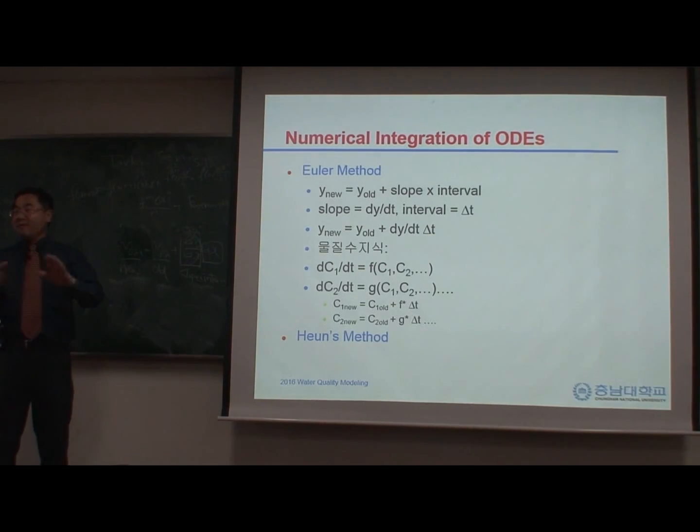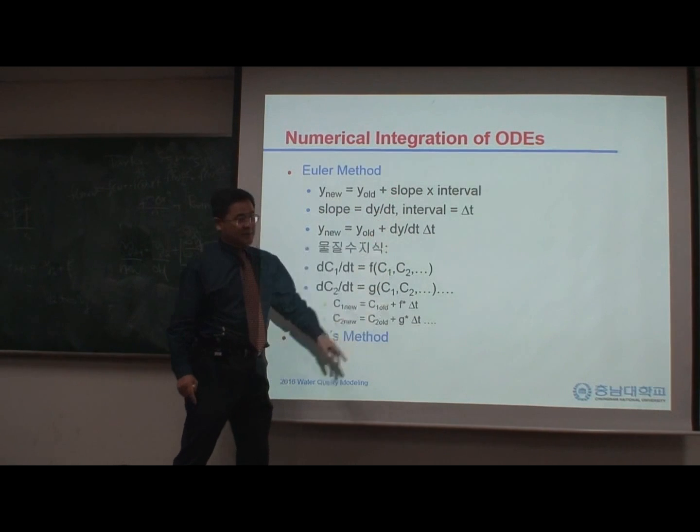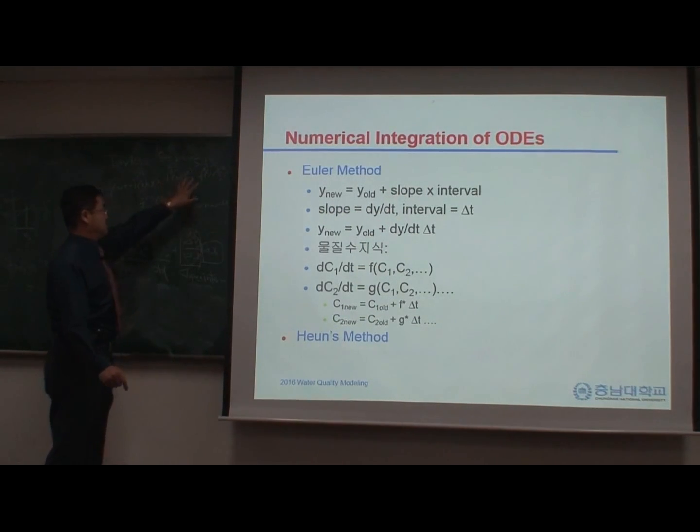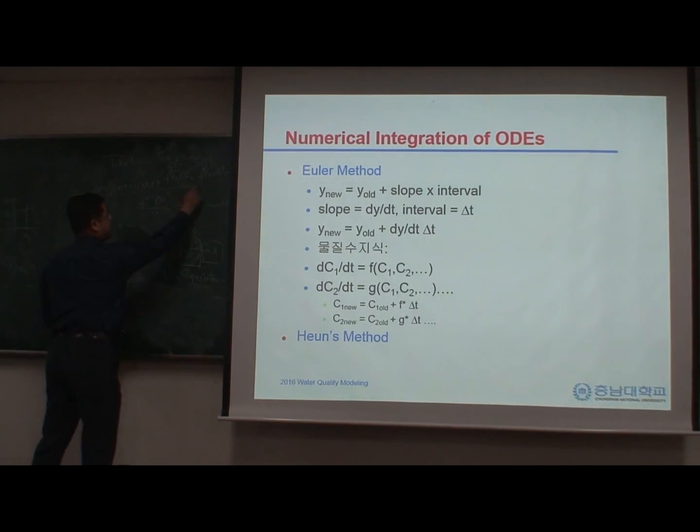But everything has the same principle. New is based on old and slope times interval. And maybe those can be regarded like that. So some methods can consider this much, some methods can consider this much.